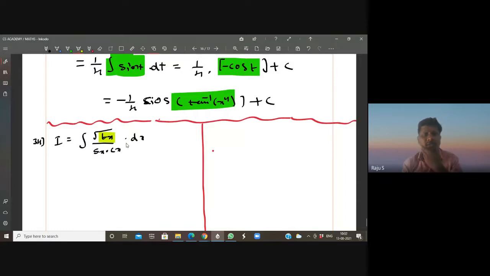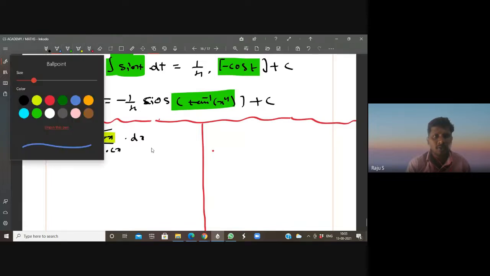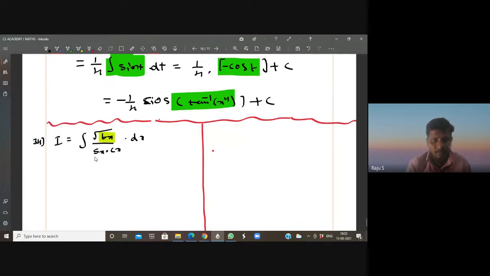Is there any secant square? No, we don't have it. So for that, what I want to do here is multiply and divide with cos x.